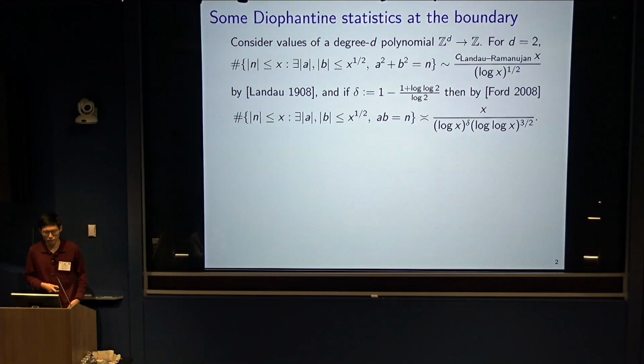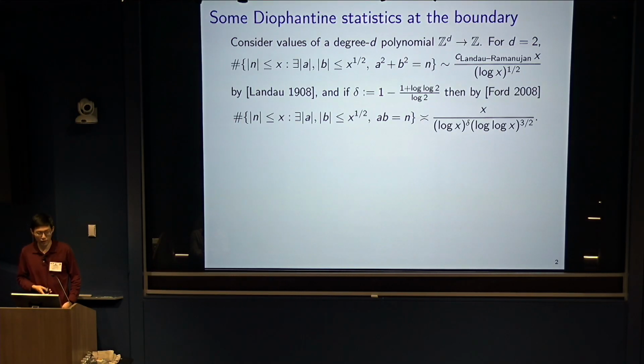And also, if instead of a squared plus b squared we look at the split form a times b, but we still require a and b to be of size x to the 1/2, then the number of n that are represented is a multiplication table problem, and the most precise results are due to Kevin Ford. We saw that it's of size x over log x to the delta times the subtle log x to the 3/2 factor.